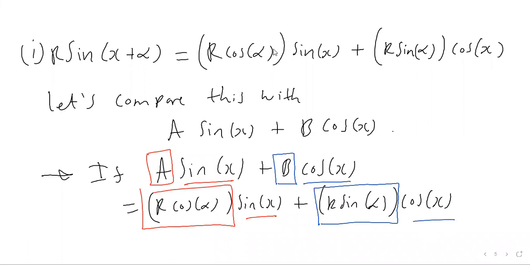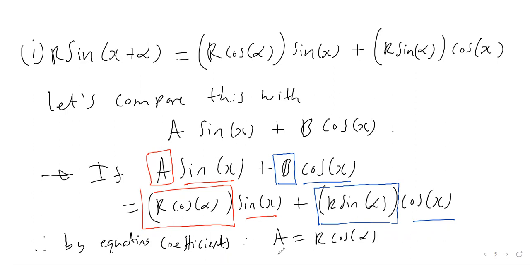So by equating coefficients, we can see that a is equal to r cos alpha and that b is equal to r sine alpha.